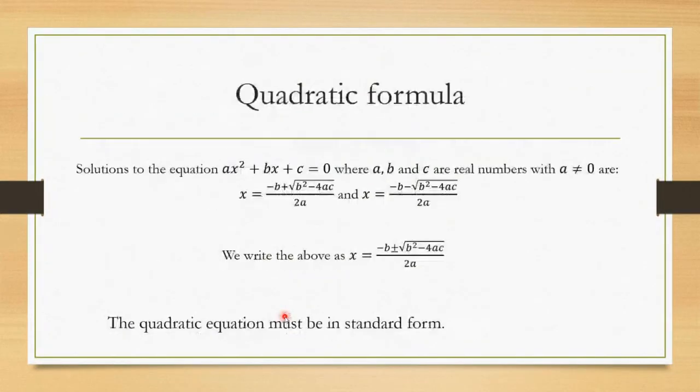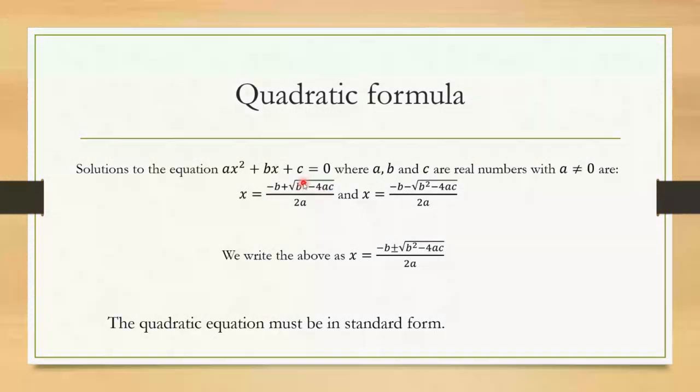All right. So what I want to do now is move on to the quadratic formula. So for the quadratic formula, this will always give you the solutions to the quadratic equation. This will always work.